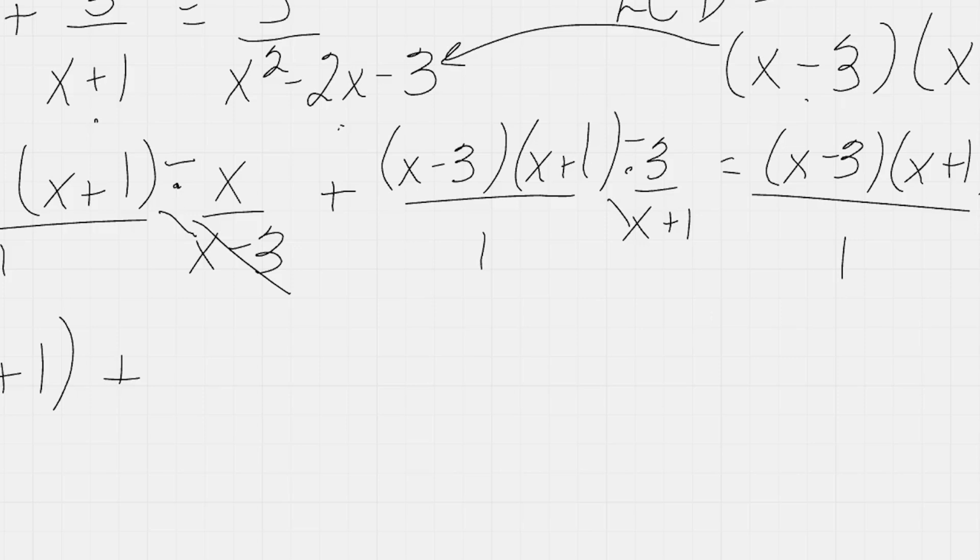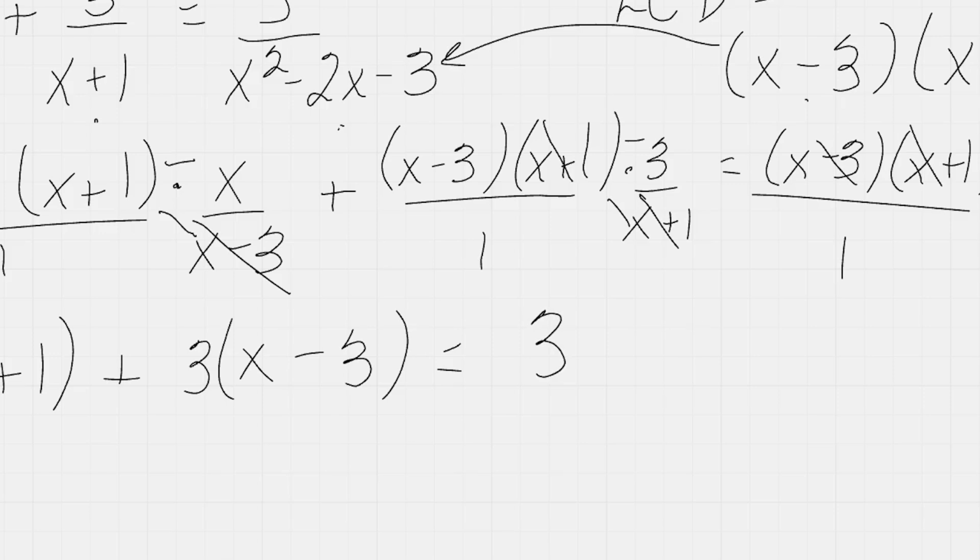So when you do this, you eliminate x plus 1 in the numerator and the denominator. So you're left with 3 times x minus 3 equals, and then when I divide diagonally, x minus 3 and x plus 1 will eliminate this entire thing, because remember what I said initially at the start of the video is when you factor x minus 3 times x plus 1, you get x squared minus 2x minus 3. So here you're just left with 3.